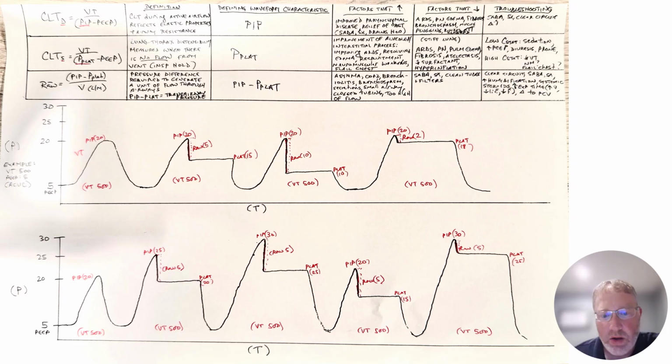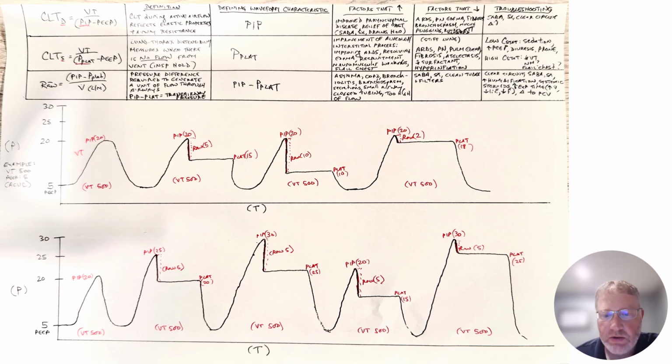The plat also went down, 25 to 15. So your static compliance went up. So both dynamic and static compliance went up in this case. The Raw at 5 remained the same. Take the last one, PIP all the way back up to 30, Raw of 5, plat of 25.